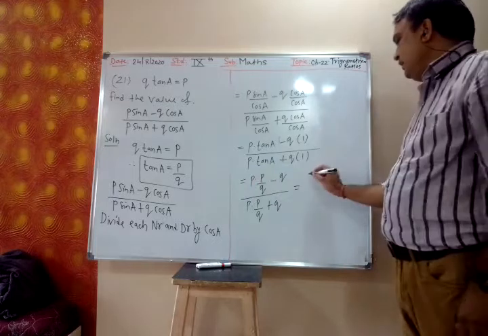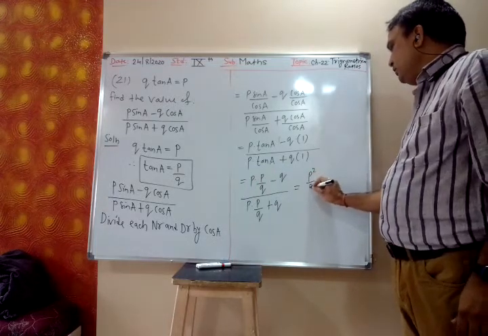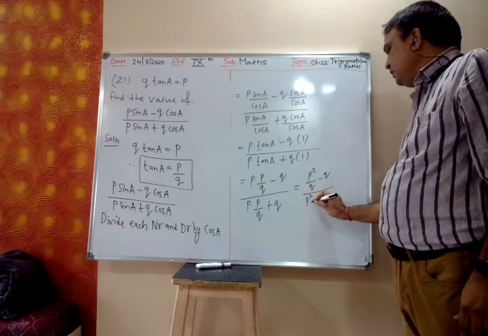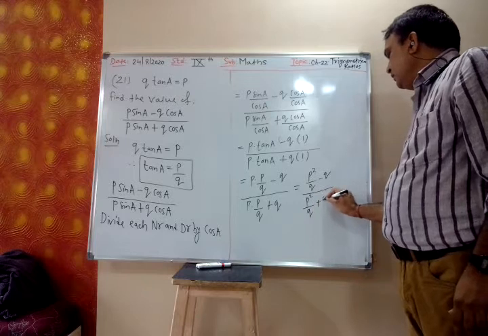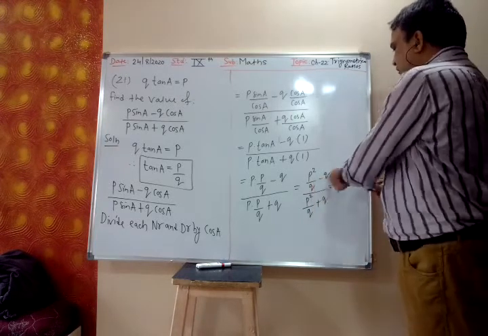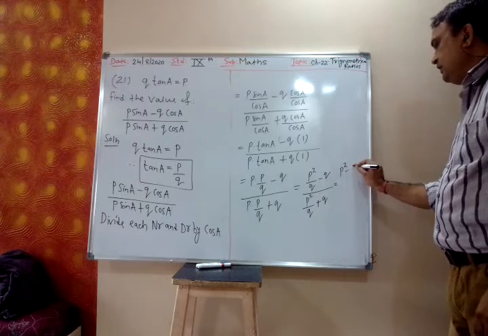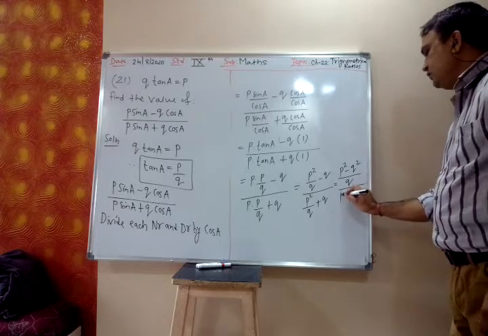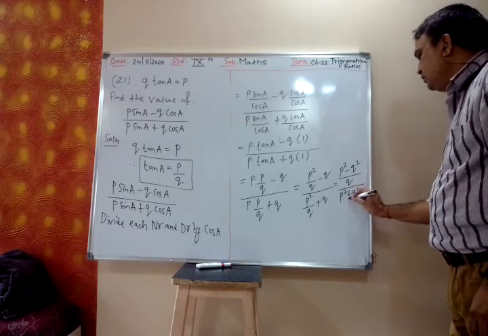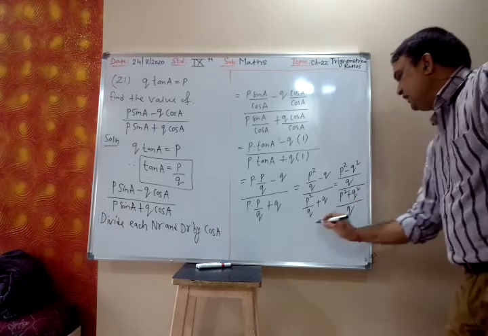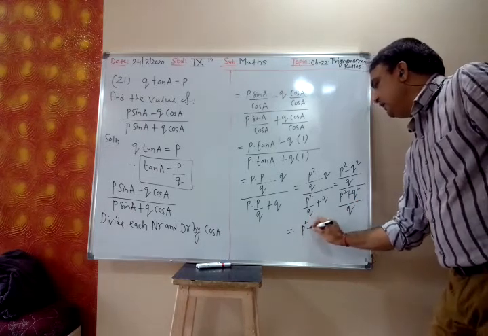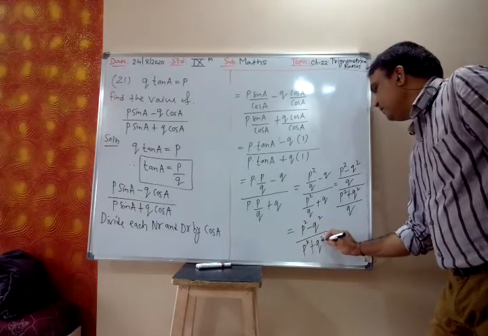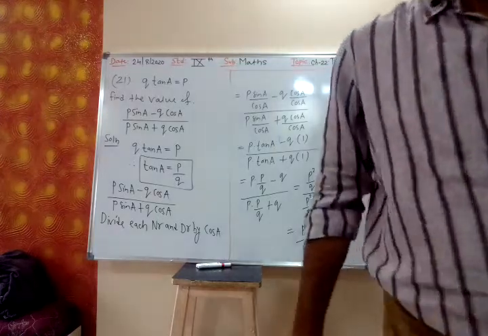P into P square upon Q minus Q upon P square upon Q plus Q. Now you have to cross multiply this Q. So that becomes P square minus Q square upon Q divided by P square plus Q square upon Q. Now Q gets cancelled. So that is P square minus Q square upon P square plus Q square.